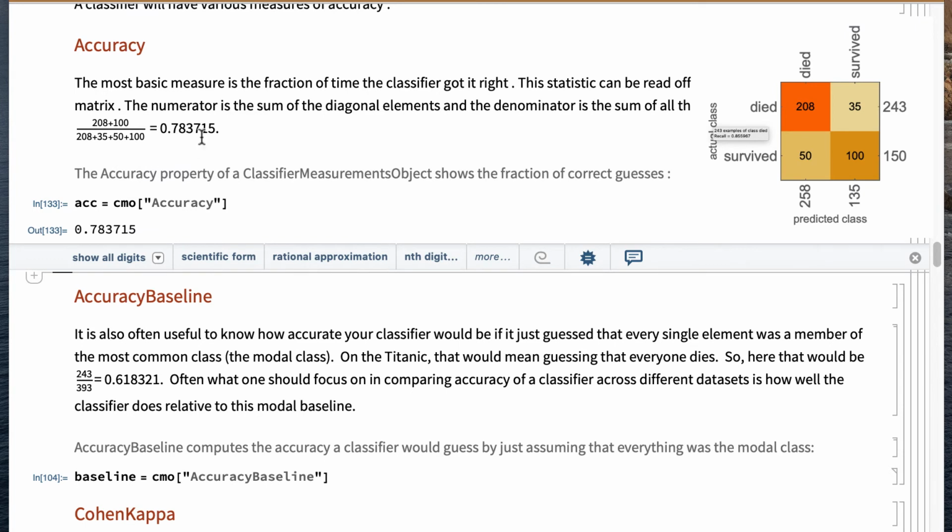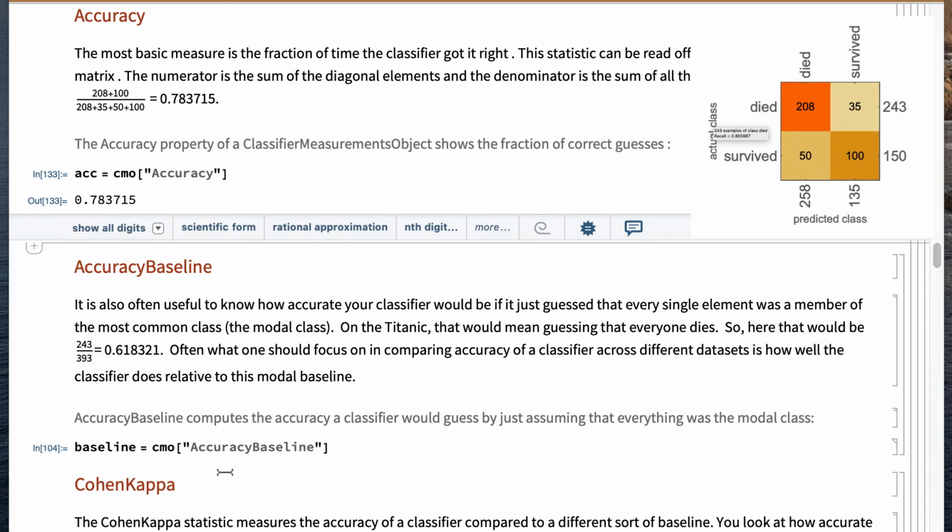So, one thing you might want to do is to calibrate your sense of how accurate your classifier is by looking at what your baseline accuracy is. Now, this would be a very weird classifier in that it never would guess that someone would survive. But if all you care about is getting the right answer as frequently as possible, then you should just make the modal guess every time. And the accuracy baseline property of a classifier measurements object gets you precisely that.